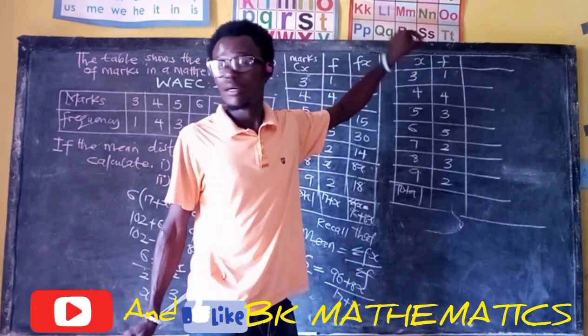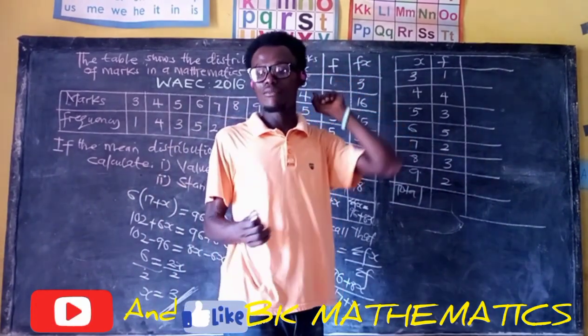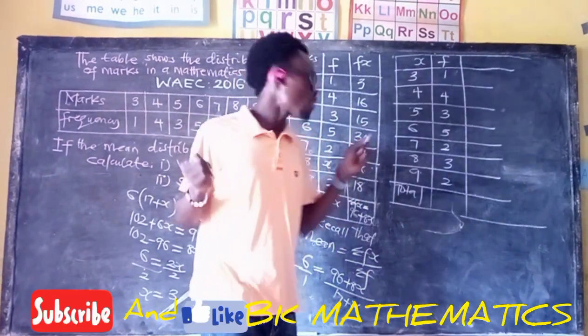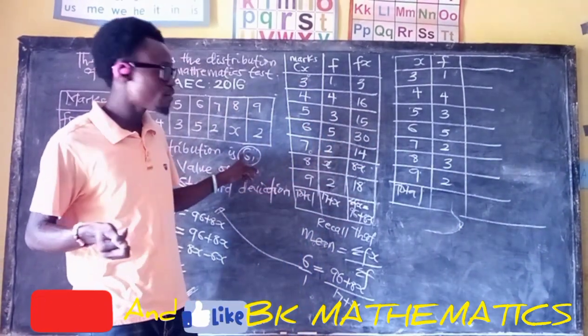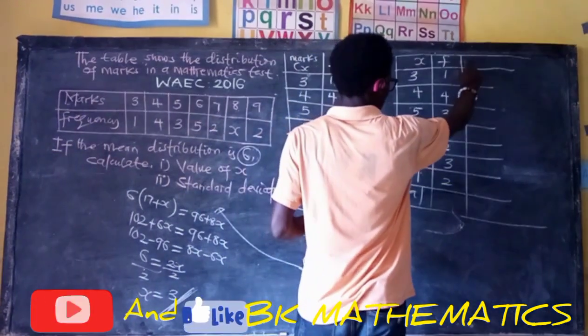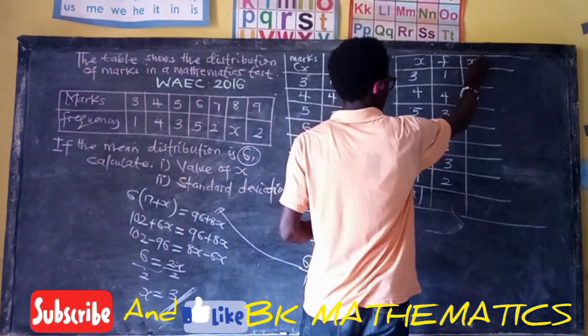Then the next step: we don't need fx again because we don't have to find the mean. The mean is already given in the question. So we skip fx, then we consider x squared.